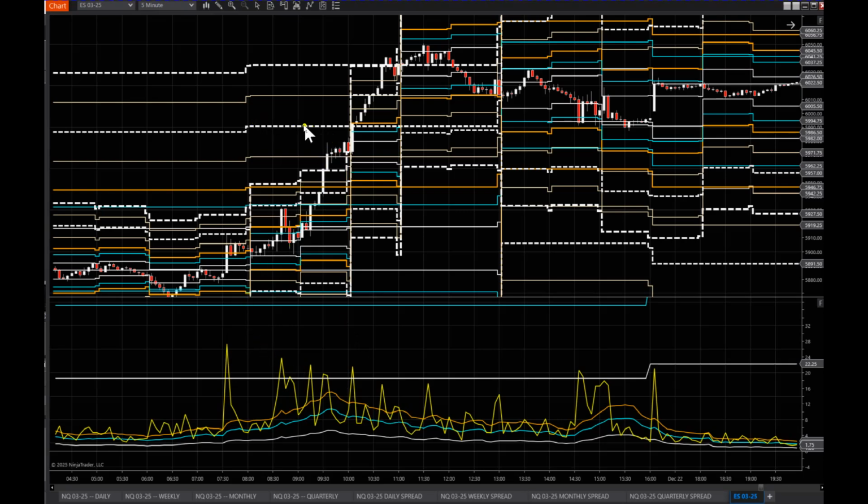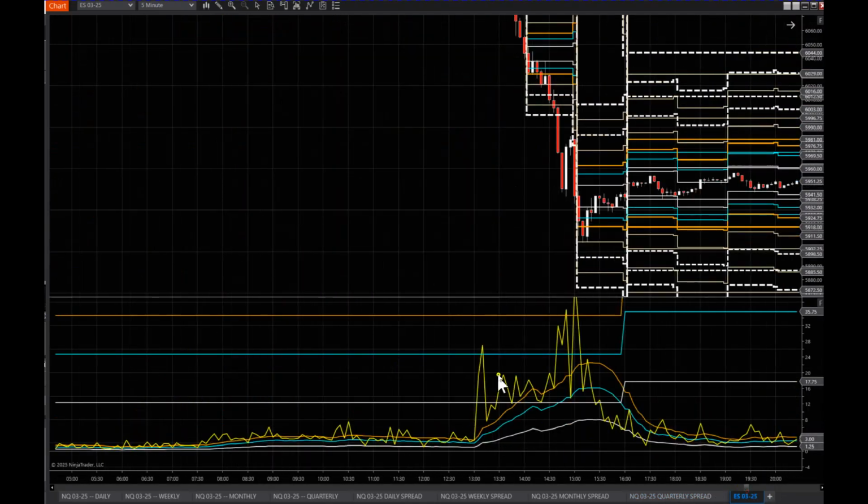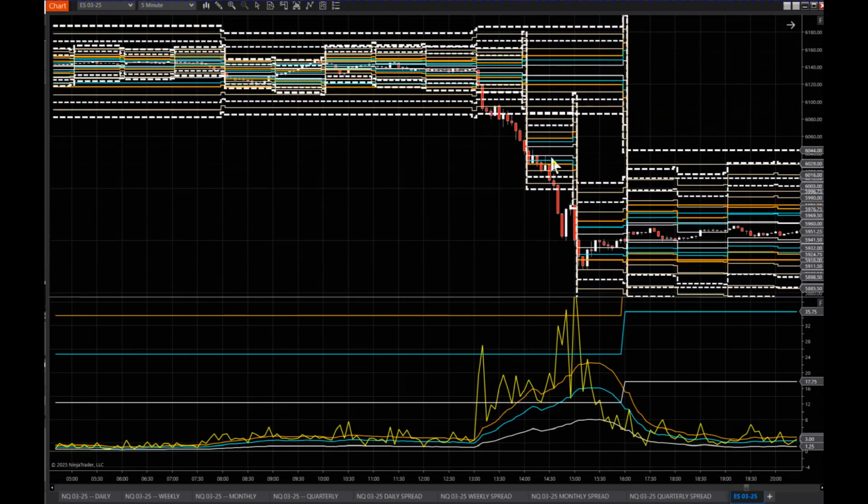And it started hitting our 2 times and 3 times the range, because we got up here to the higher volatility. Look here, it went way up: 1 time, 2 times, 3 times the daily range. And you could see how big the bars went and how wide they got.